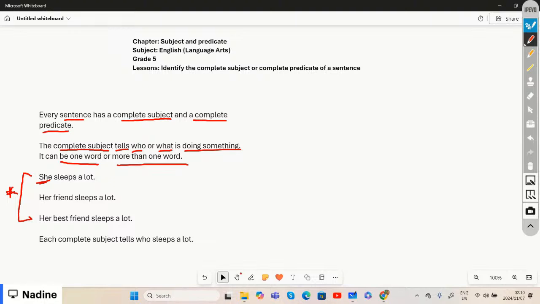So, first, the subject. Sleeping a lot, that is the predicate.